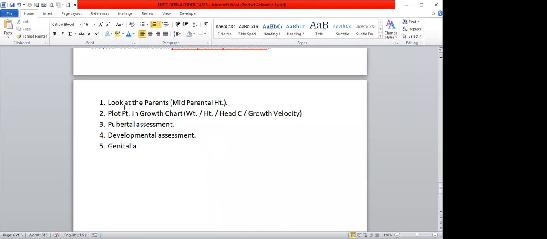Number one, look at the parent, the mid-parental height, because short stature we need to assess according to the mid-parental height. Familial short stature is very common. So to conclude whether a child is short stature or not, we always need to mention the mid-parental height. Very, very important point.